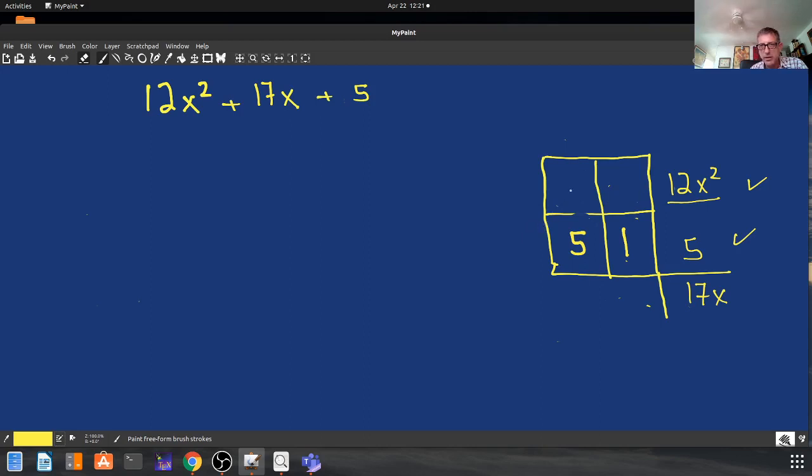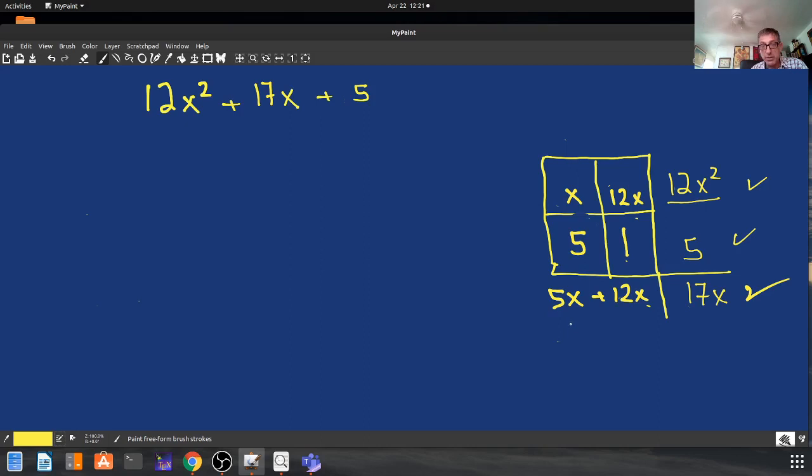So let's try 12x. So x times 12x is 12x squared. 5 times 1 is 5. X times 5 is 5x. 12x times 1 is 12x. Perfect. Nice. Now I have it. 5x plus 12x is 17x, and I'm ready to go.